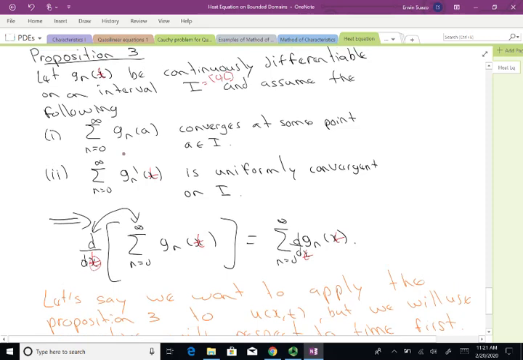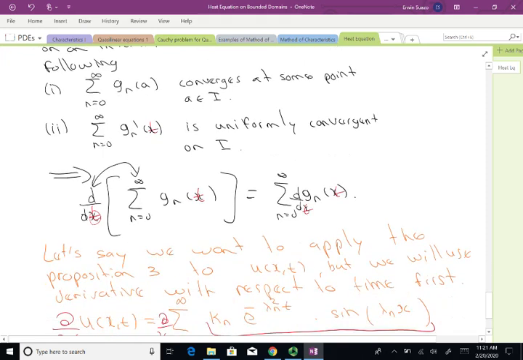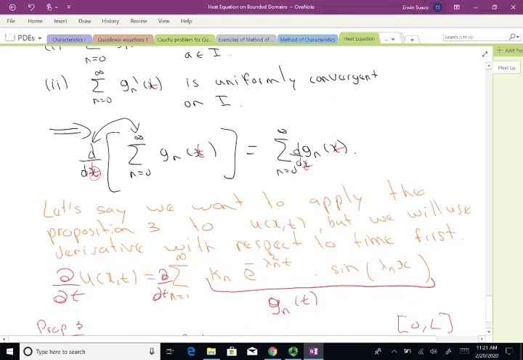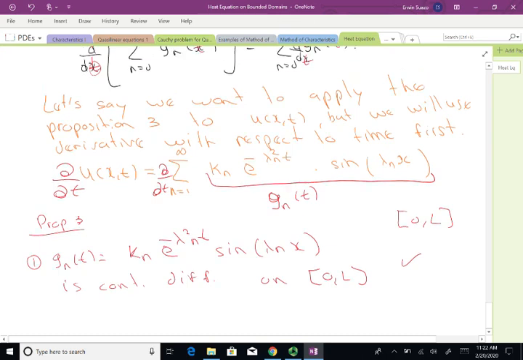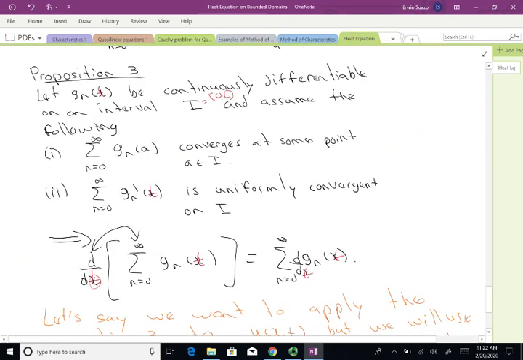And assume that this sum is convergent at some point in the interval. So that's something we need to check: find a point where this is convergent, some point in the interval. That could be easy, right?